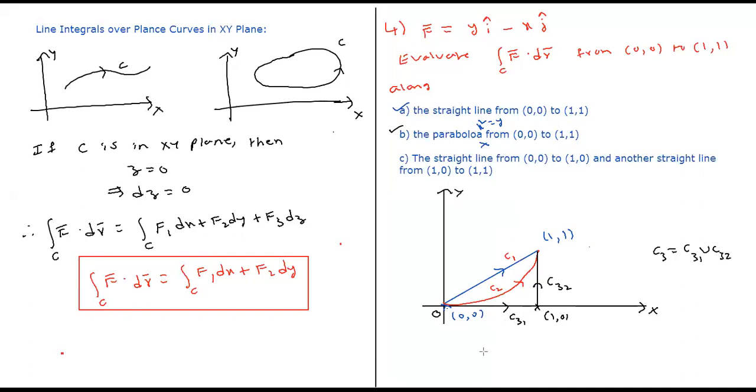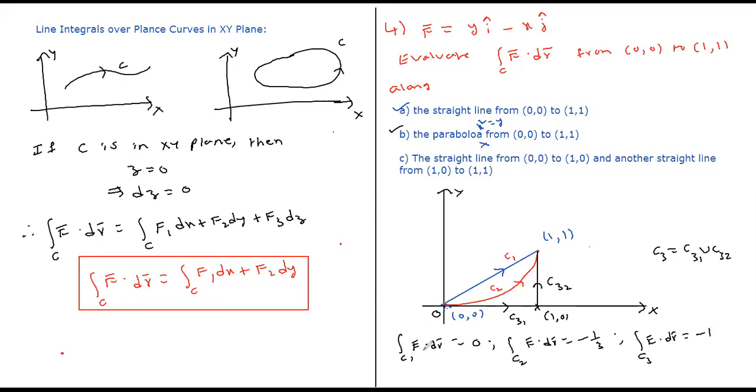So from this it is clear that the line integral may in general be path dependent. Integral along C1 of F bar dot dr bar equals 0, along C2 equals minus 1 by 3, along C3 equals minus 1.